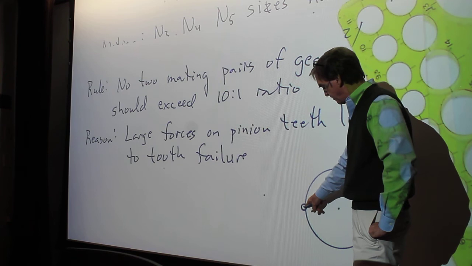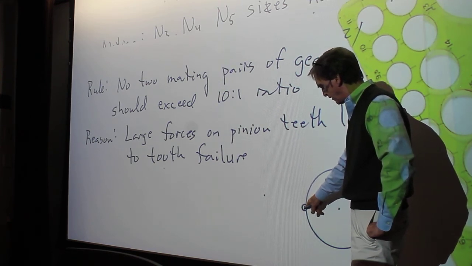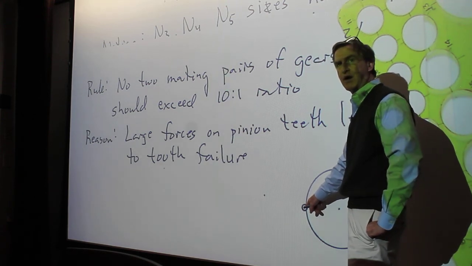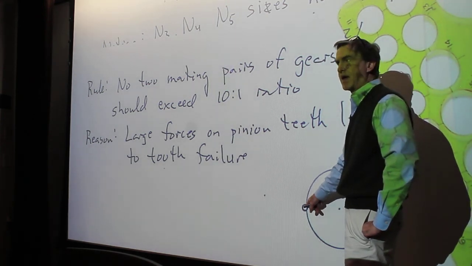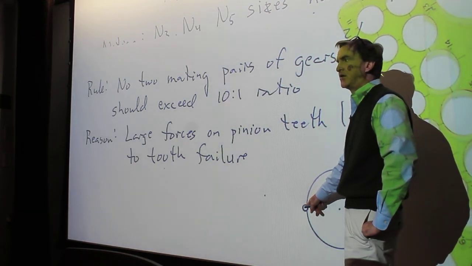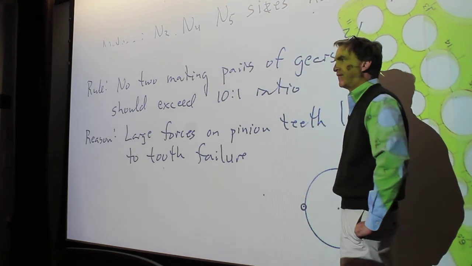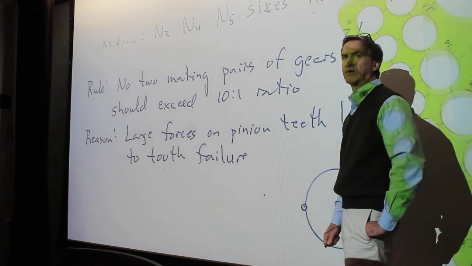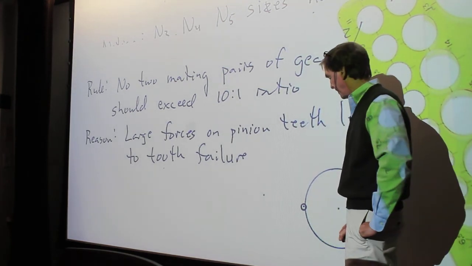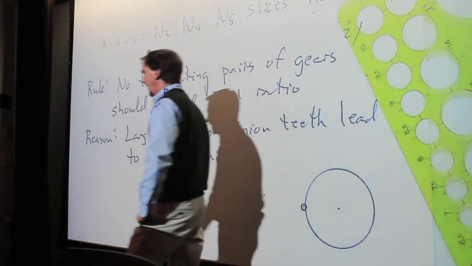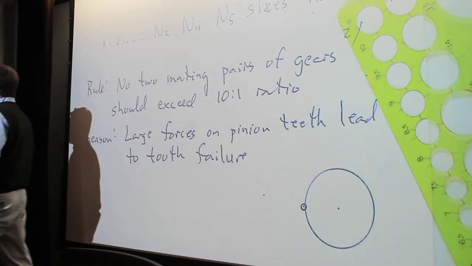The tooth interface on here, because the forces are so large, they'll break the tooth on the pinion. And if you break a tooth on a gear, the other teeth are just going to follow along. They'll break also. Okay? So that's why we maintain something less than 10-to-1.